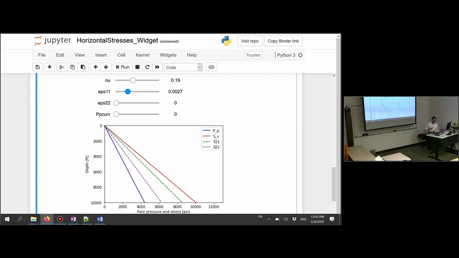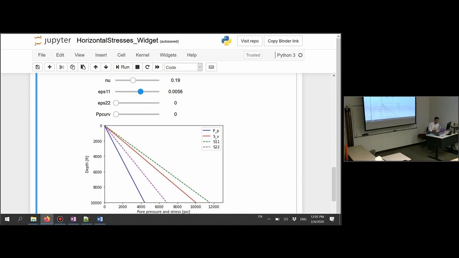What is that state of stress regime according to what we just learned? Normal, right? Because the maximum stress is vertical and the minimum is horizontal, intermediate is also horizontal. If I keep on pushing direction 1-1, now I get into another condition in which what stress regime do we have right now?